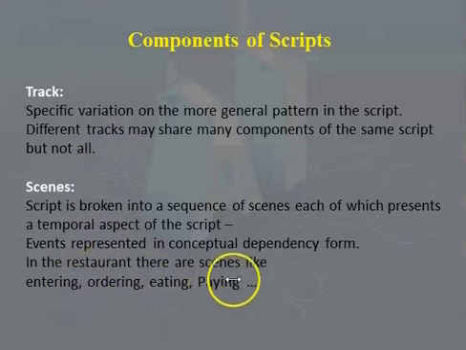In the restaurant, the script or track is divided into different scenes like entering of the hungry person, ordering by the hungry person, eating by the hungry person, paying by the hungry person.